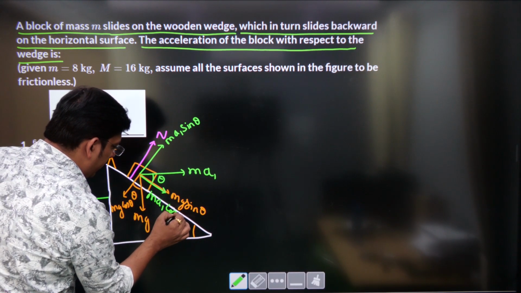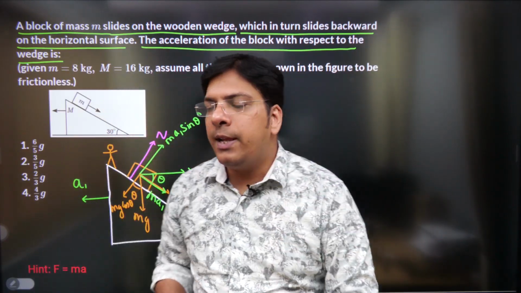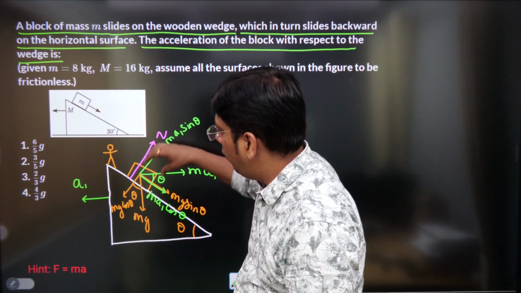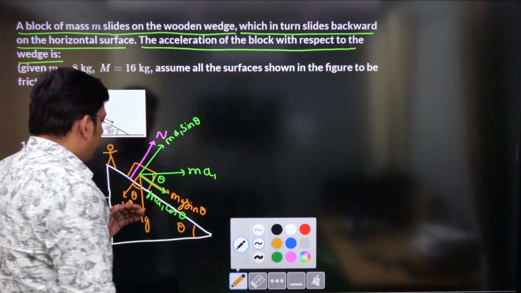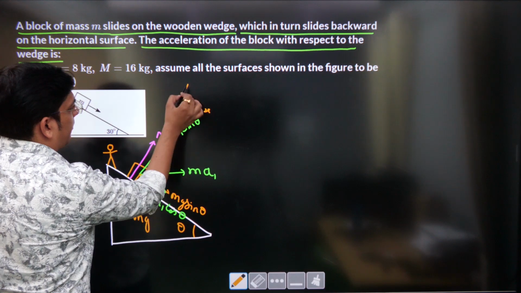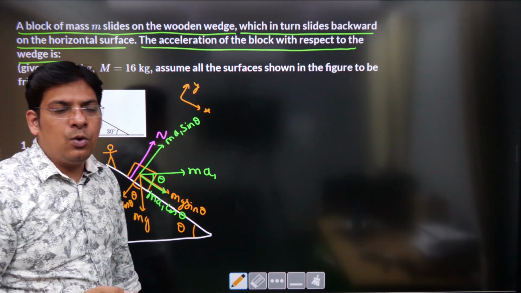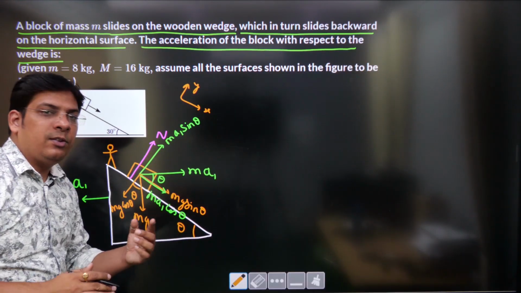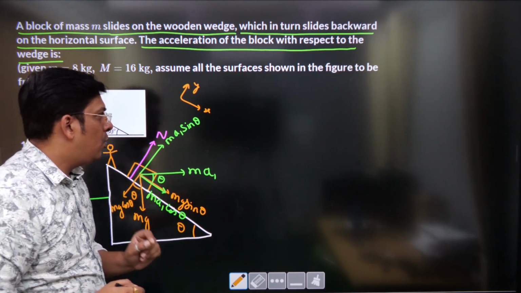Dear students, the block is not moving perpendicular to the inclined plane. So we will write that summation Fy must be 0 if this is the x-axis and this is the y-axis perpendicular to the inclined plane. So for the block, summation Fy must be 0 and summation Fx is equal to mass times acceleration down the inclined plane, which is a2.